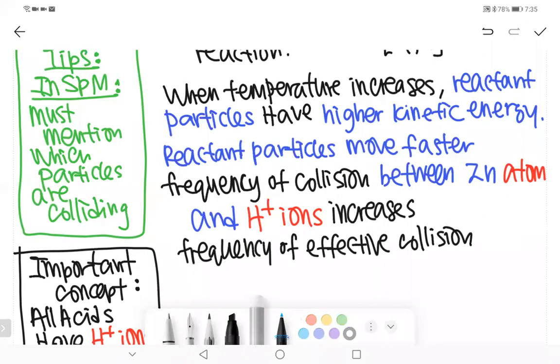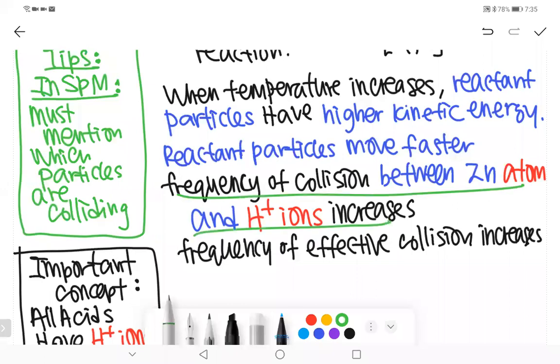Many people ask, sir, how come for frequency of effective collision we don't need to mention who is colliding? Because just now you already told who is colliding, so now even if you don't say it is okay.